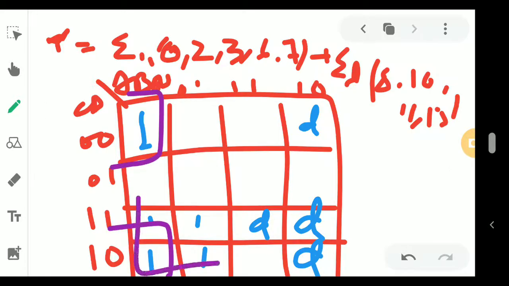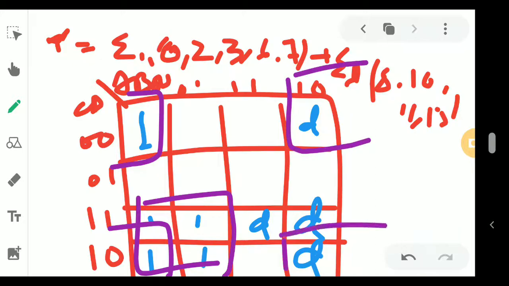These four ones we can combine. This D I can combine, this D I can combine. In this way we can combine.